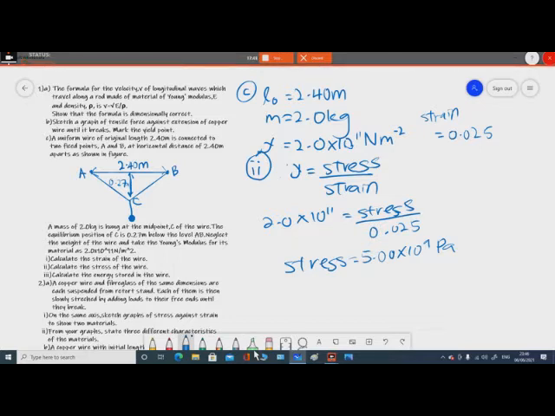So let's move on to part 3. Calculate the energy stored in the wire. Stress is 5 times 10 to the power of 9 Pascal.